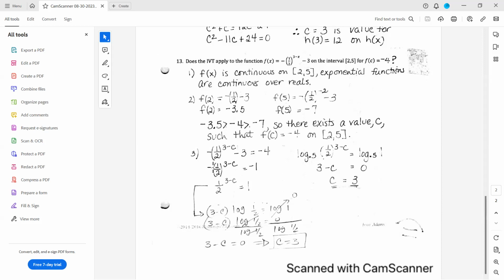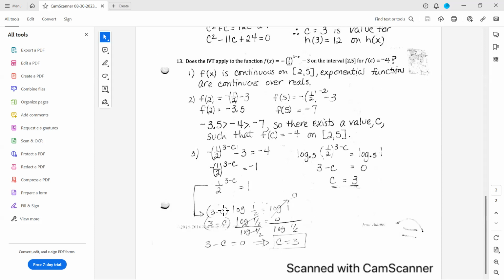That gave her 1/2 to the 3 minus c power equals +1. Are you good there so far? Yes. Now from here, this c is in an exponent, so we have to use logarithms to bring it down. What we do is we bring down the exponent, 3 minus c, and you need parentheses here.